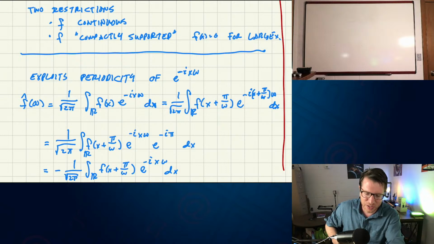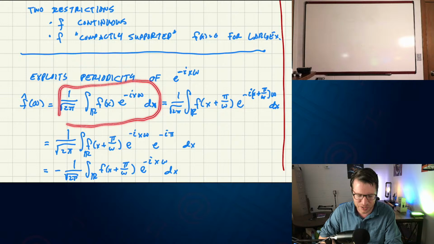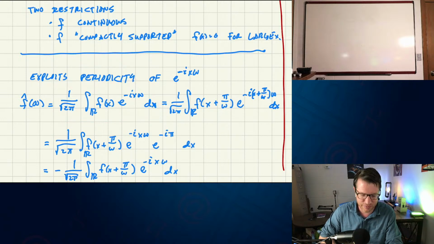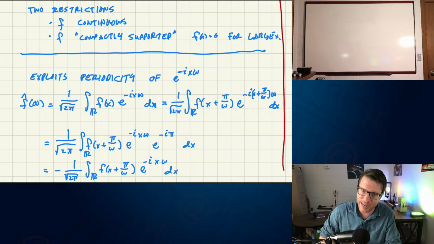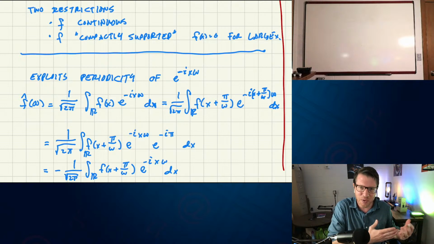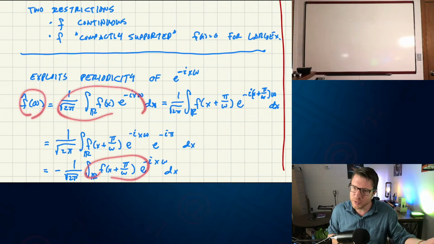Okay, so now here's the really slick thing. Now we have this representation of the Fourier transform of f at omega, and I have this one, which also is equal to the Fourier transform of f at omega. And so what I can do is take their average, and since they are the same thing, the average of a number with itself is the same number. So the average of this term with this term is still equal to that.